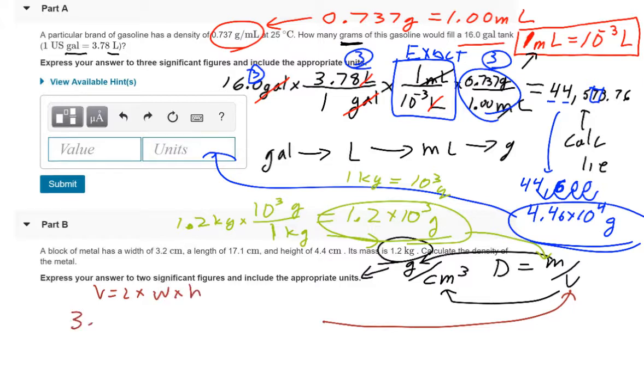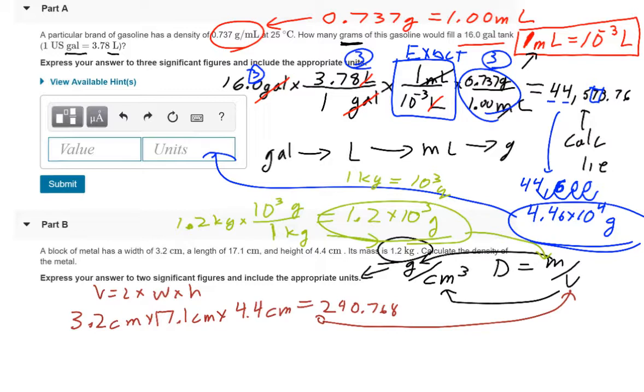So 3.2 centimeters times 17.1 centimeters times 4.4 centimeters equals 3.2 times 17.1 times 4.4 equals a calculator lie of 240.768.